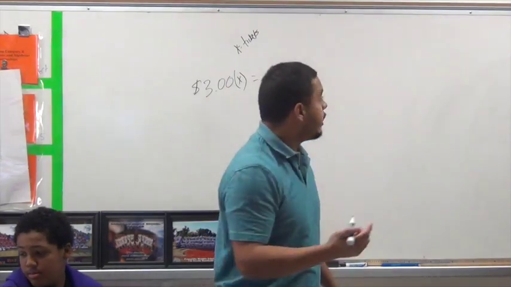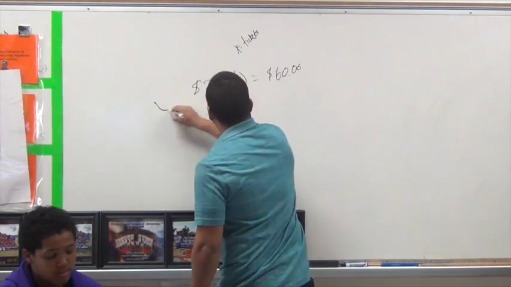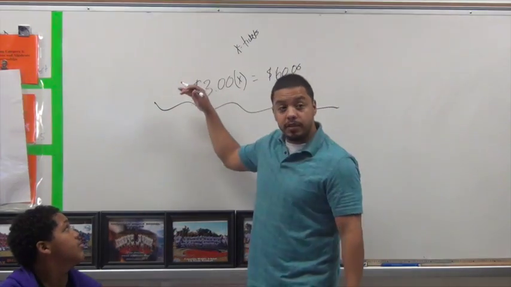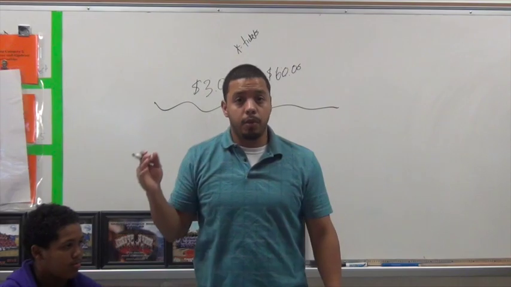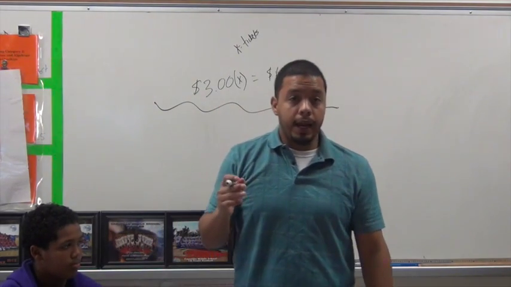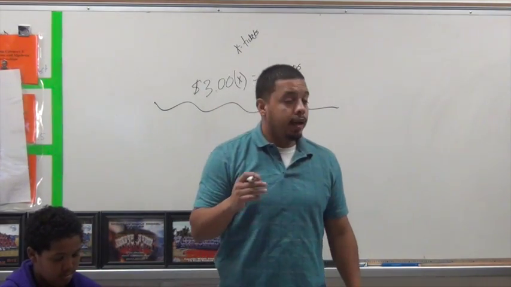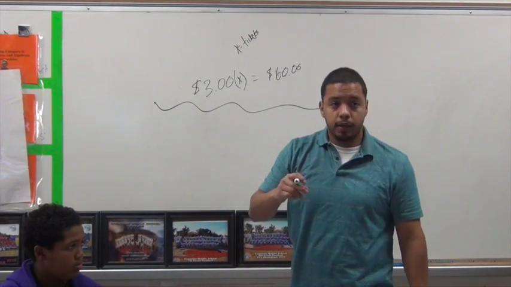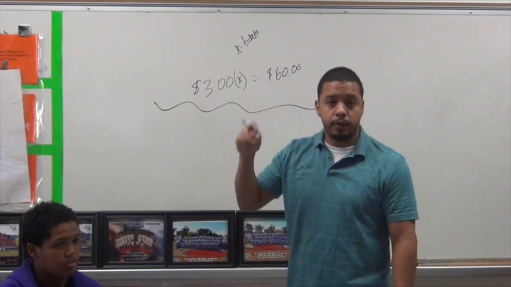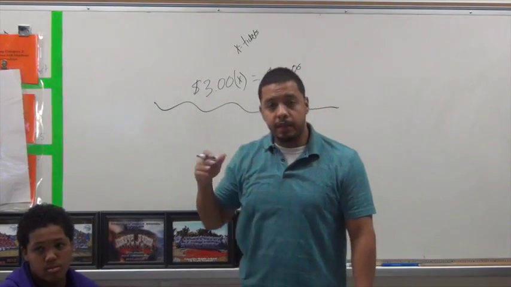But in an inequality, using the same scenario, there's many possible options. Like I told you guys, it could be one ticket, could be two tickets, could be three tickets. It just depends on the situation.